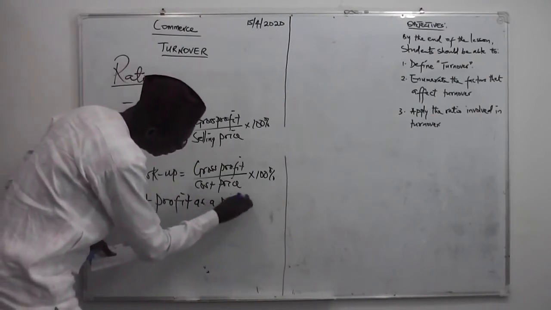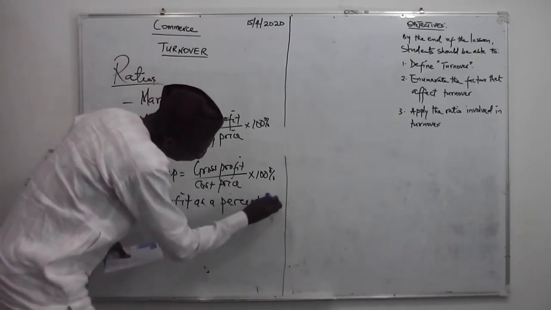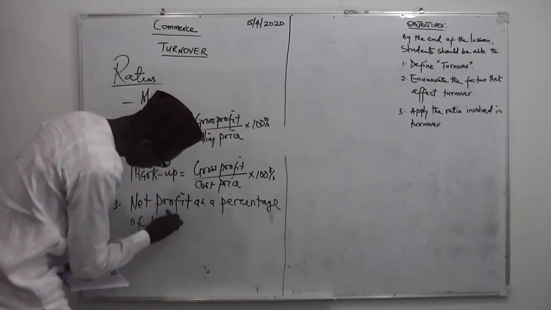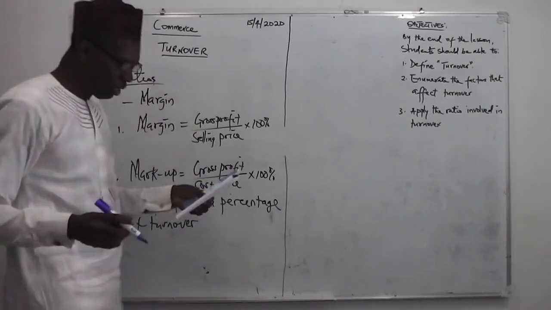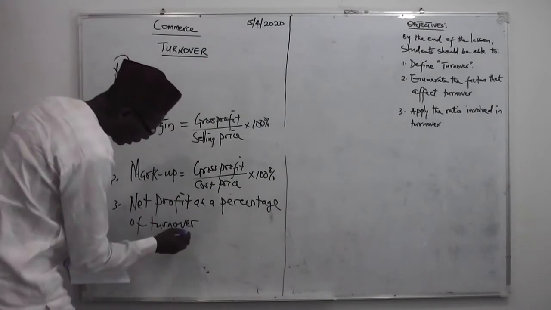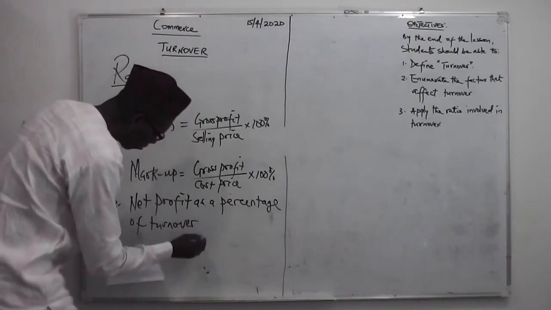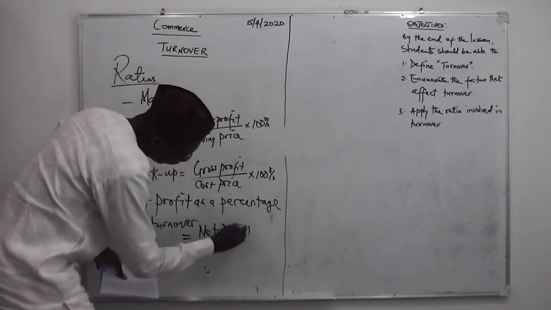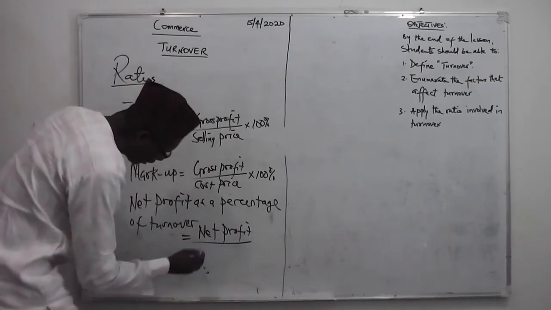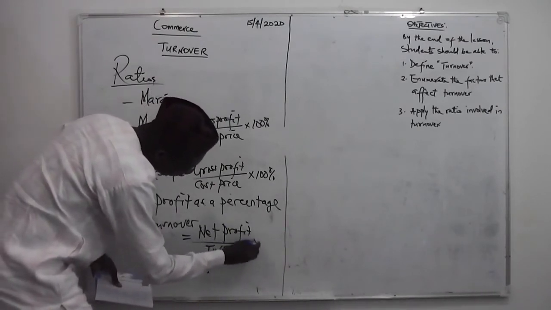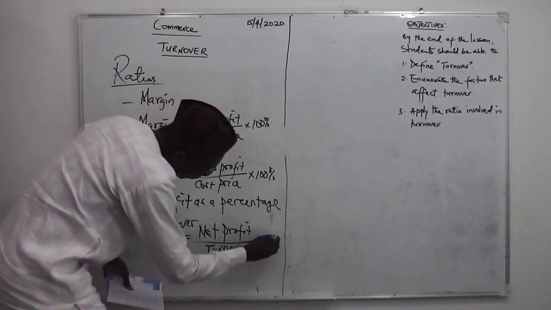It is simply calculated by using the net profit over the turnover times 100%.